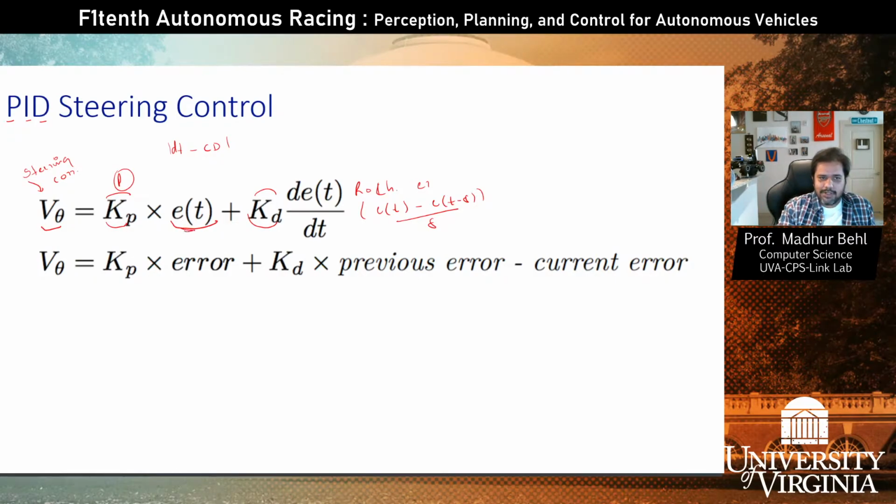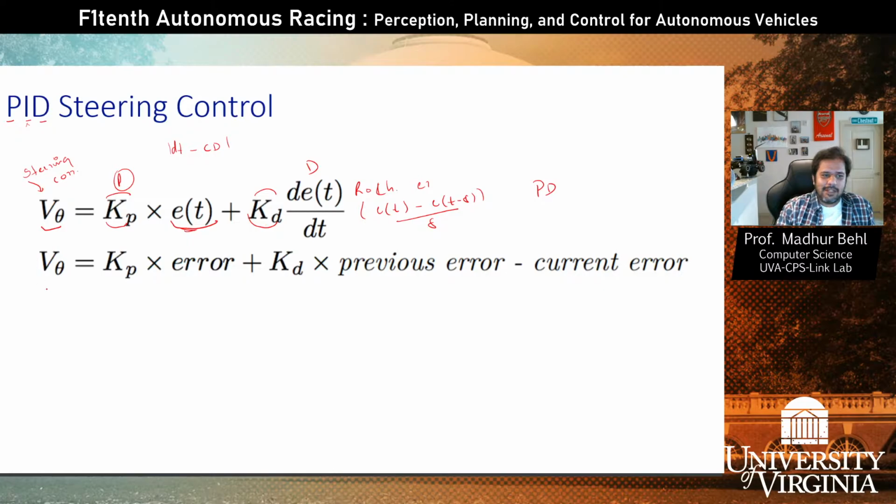So it's proportional to the error, it's proportional to the derivative of the error, and this expression is missing the integrative term. We'll talk about that in just a second. So this is actually just PD control and not even proportional integral derivative control. So this is just the same expression expressed in the much more legible format, non-mathematical format.